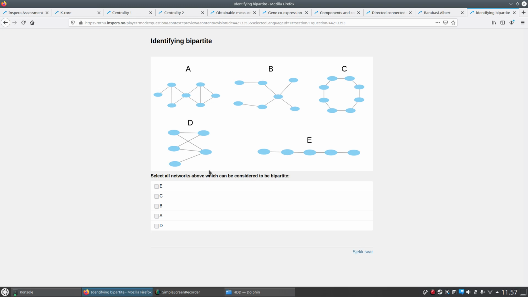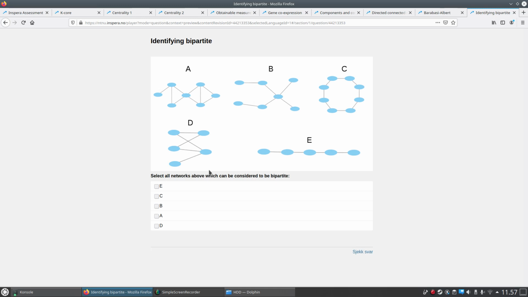The first, intuitive one, and a little bit more inaccurate, is a network where we can divide the nodes into 2 different classes or families or groups, and you can only connect to nodes in the other group. You have no connections to the nodes in your own group.